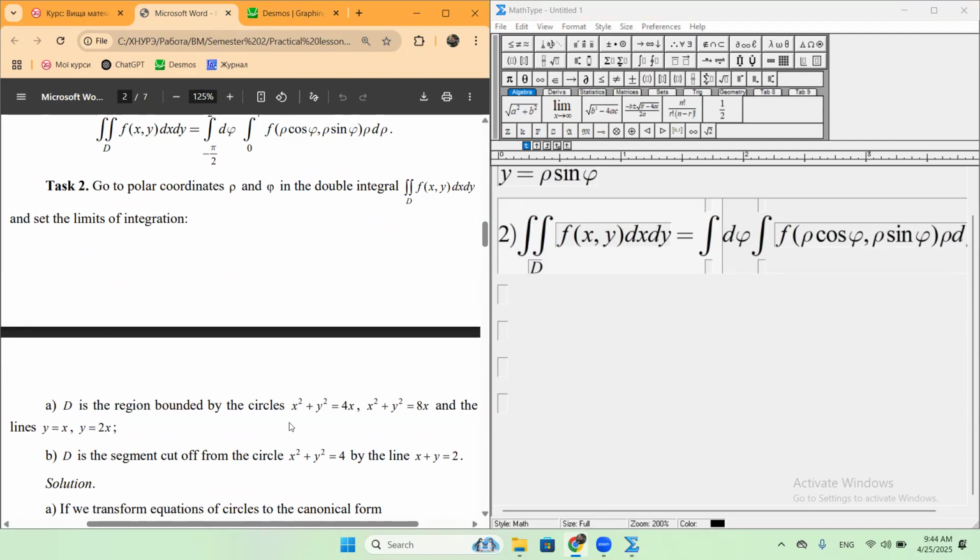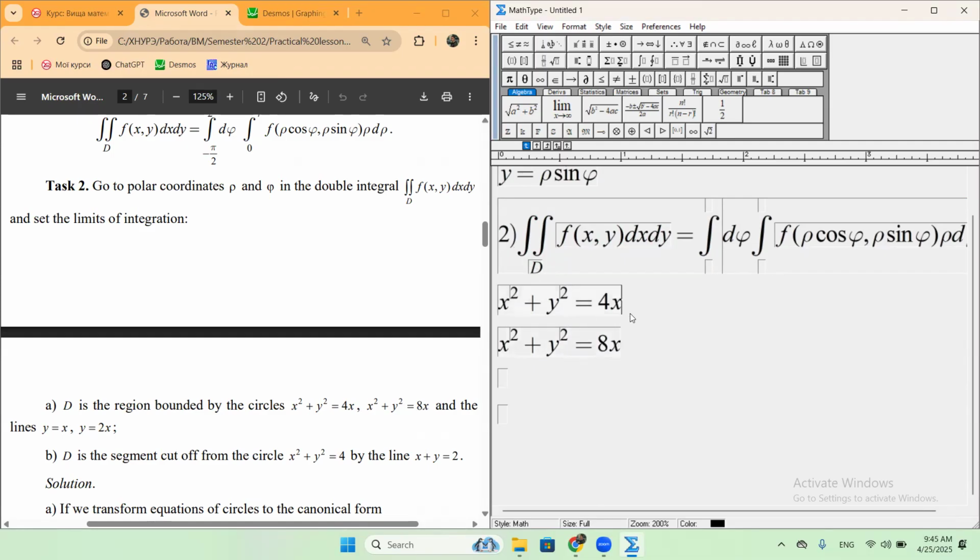The region is bounded by circles given by the following equations: x squared plus y squared equals 4x, and x squared plus y squared equals 8x.